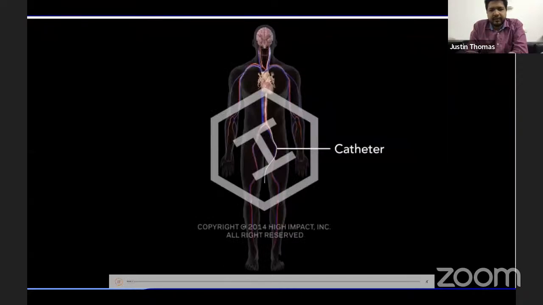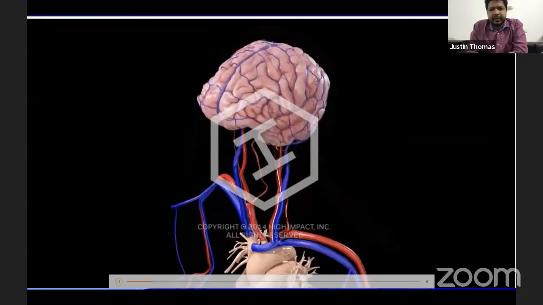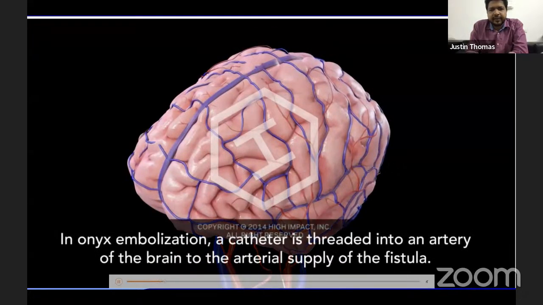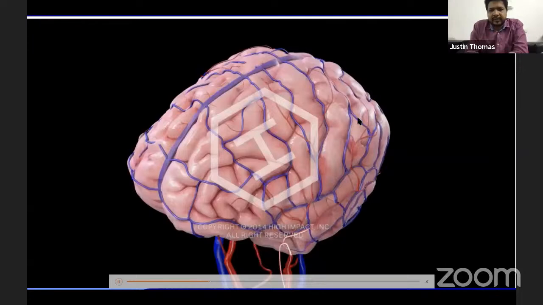This is a small video of how access is made to the desired vessels, and the microcatheter is placed towards the desired position.